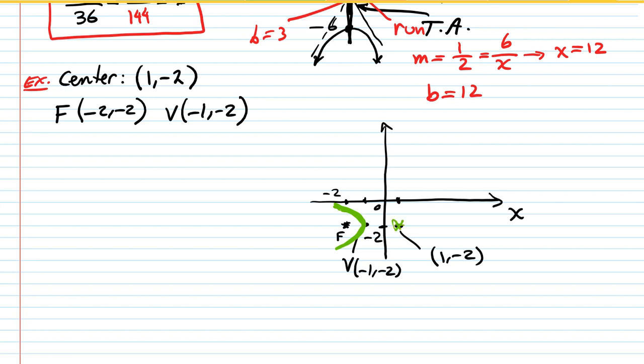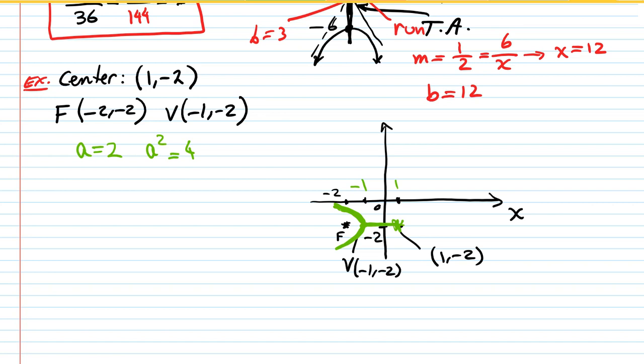And this is the distance from the vertex to the center, right? That's what A is. This is at -1, this is 1. So our A is 2. We take it to be positive. Therefore, A squared is 4.